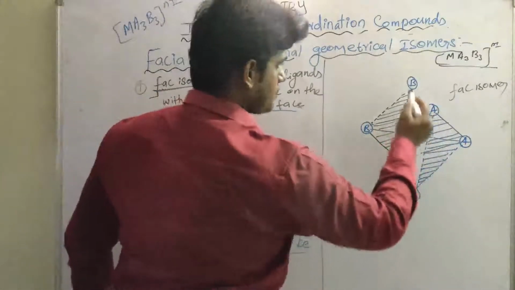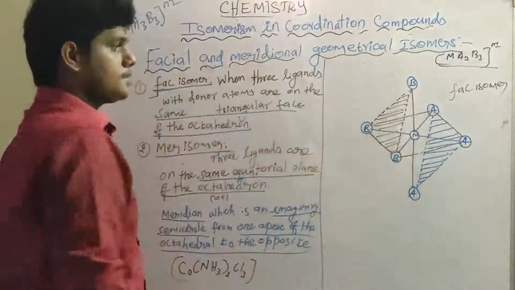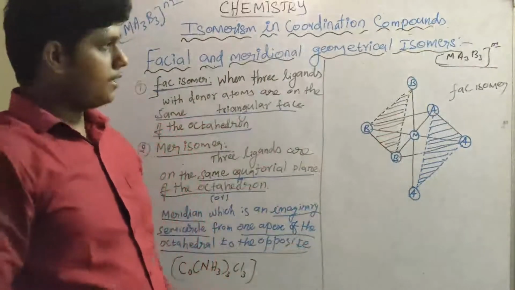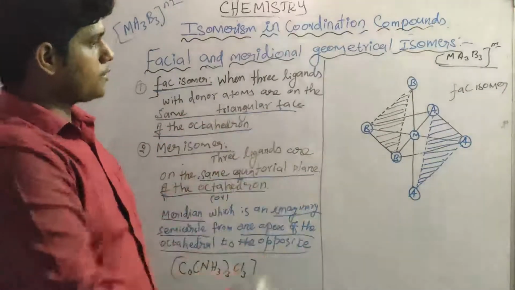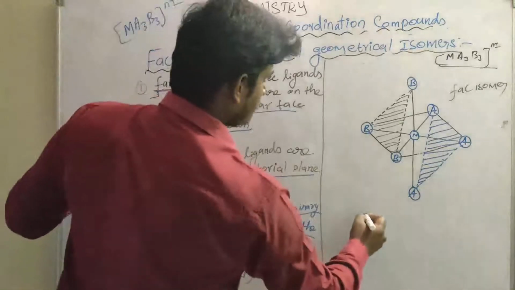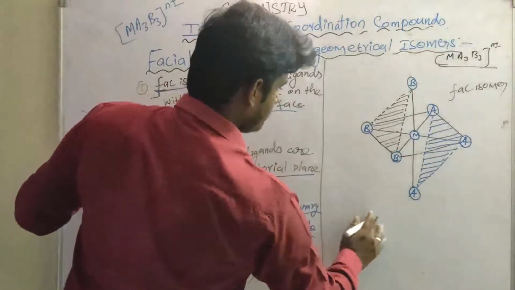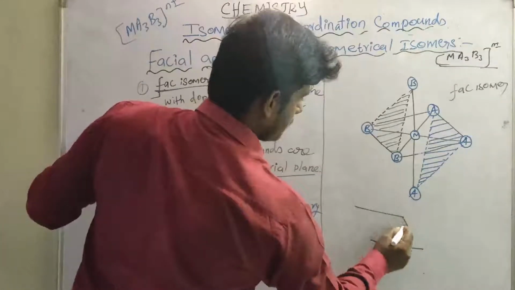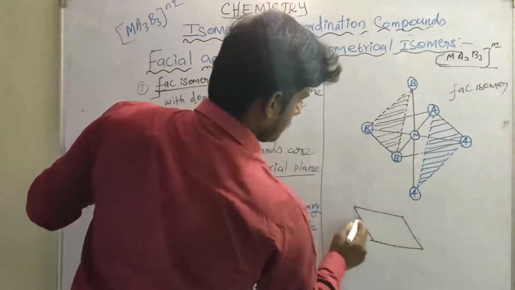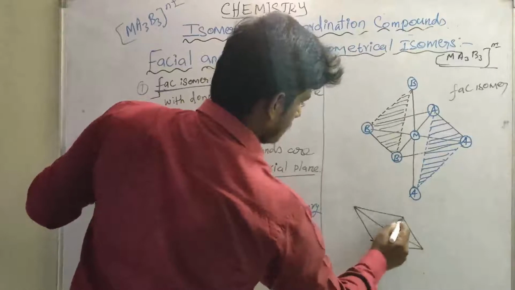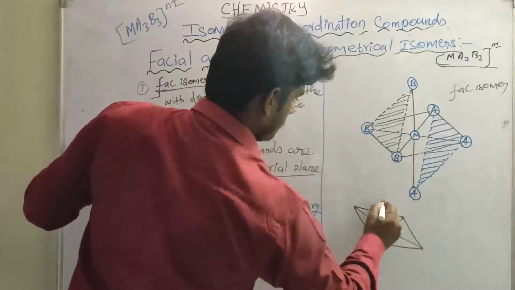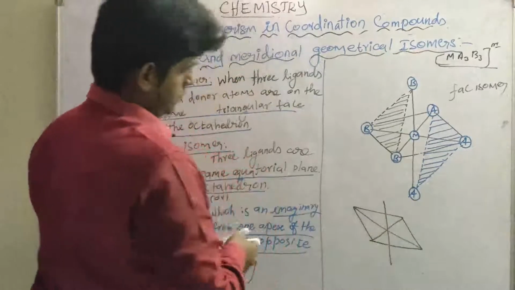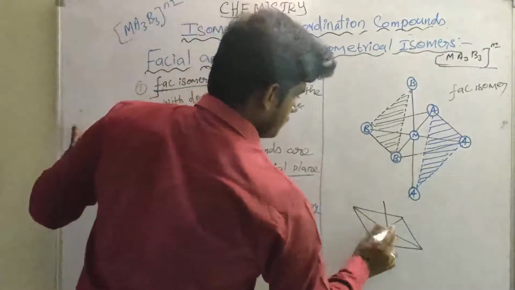The other opposite one, on the same face, is also called a fac isomer. Similarly, there is also the mer isomer.